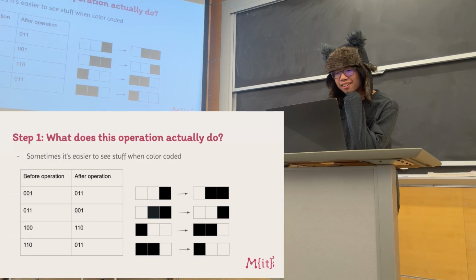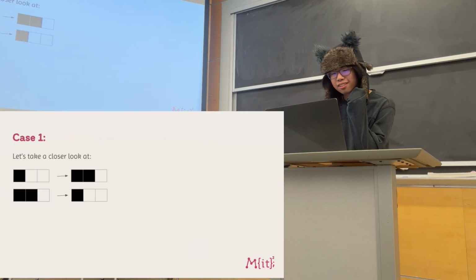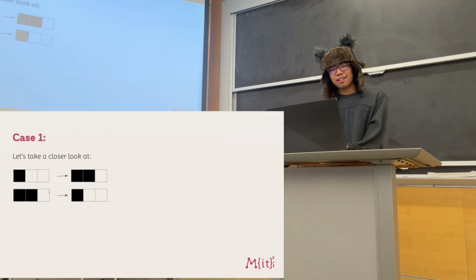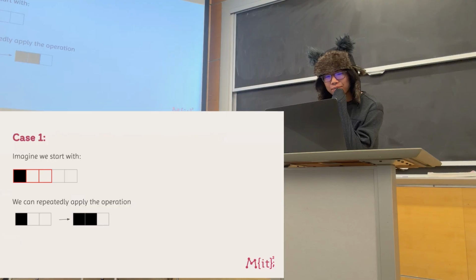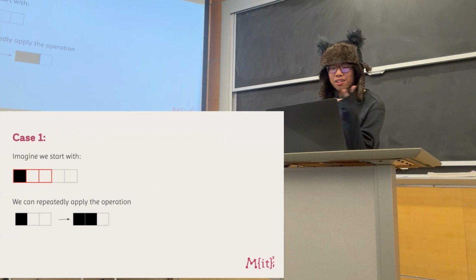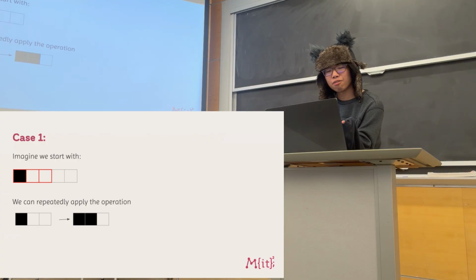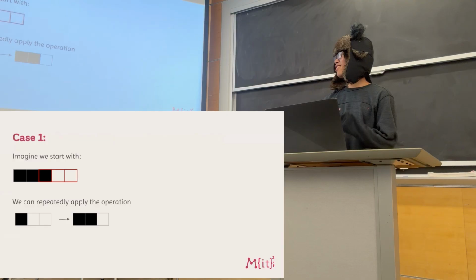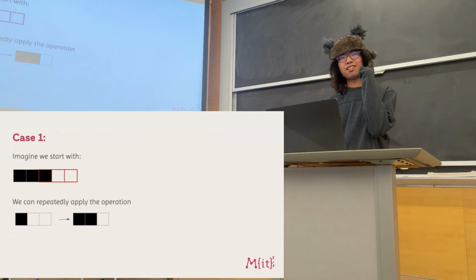Let's take a closer look at two of these operations. 100 becomes 110, and 110 becomes 100. So imagine we start with an array that's a 1 and then a bunch of zeros after. We could repeatedly apply the operation 100 becomes 110, and it slowly extends the range of ones.